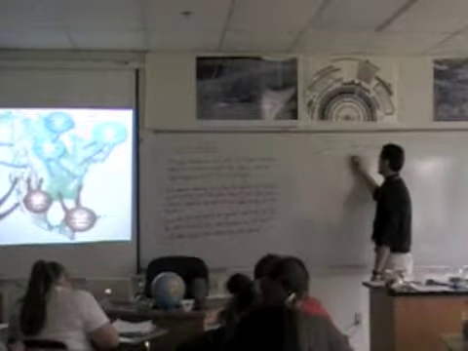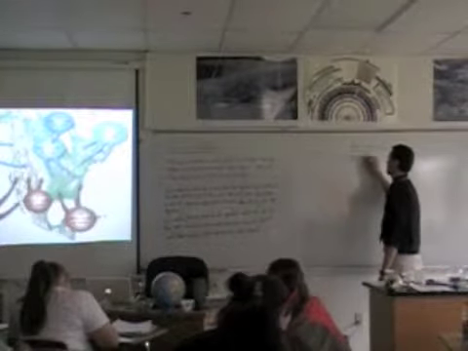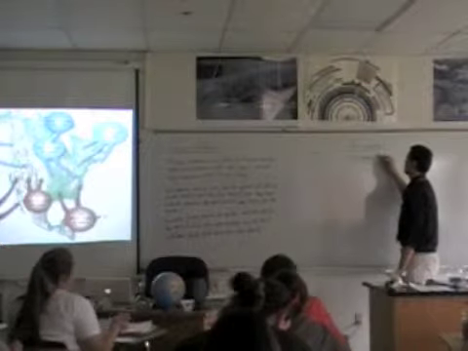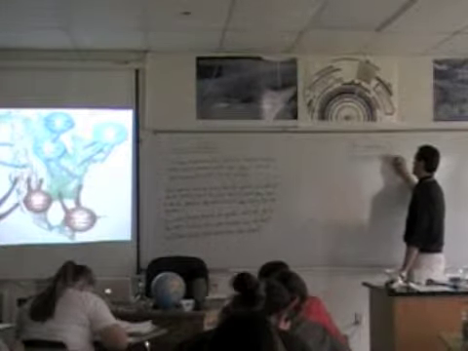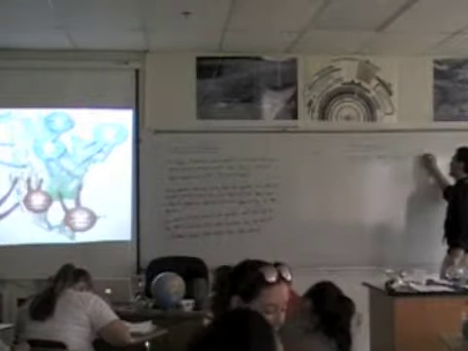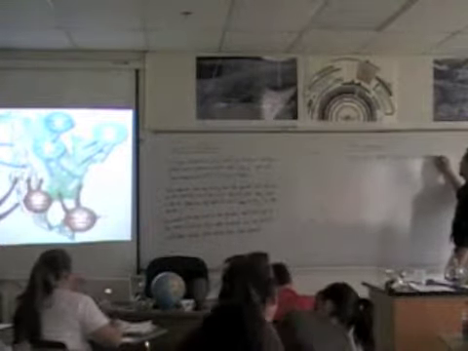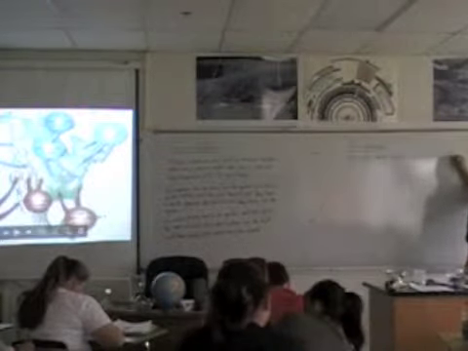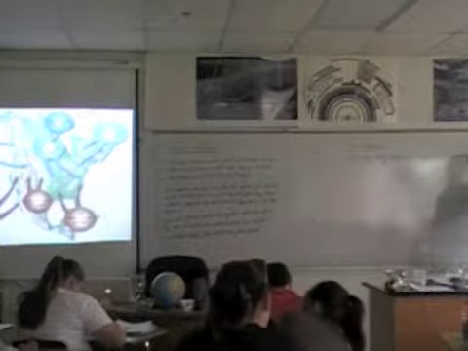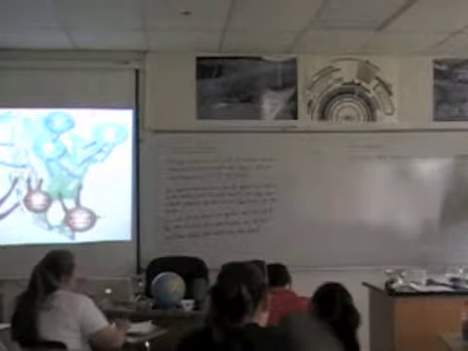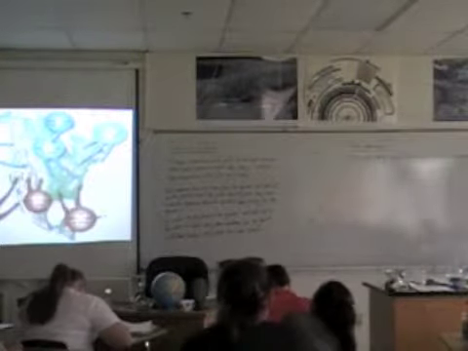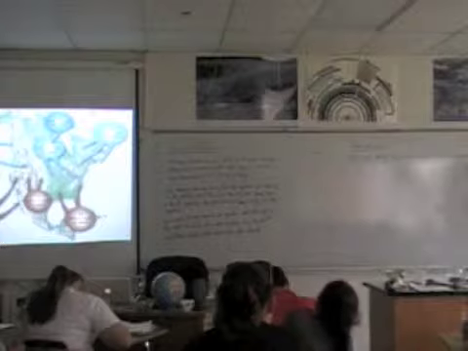So, once again, every time I say air mass, what I'm talking about is a large body of air with similar characteristics throughout. Meaning everywhere in this big body of air, the temperature is about the same, the humidity is about the same.